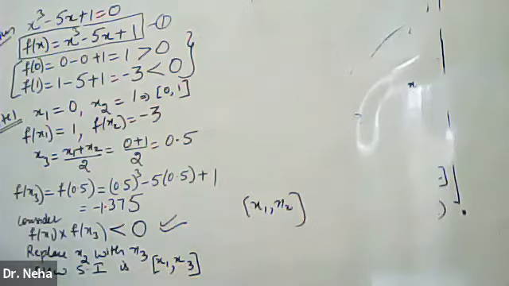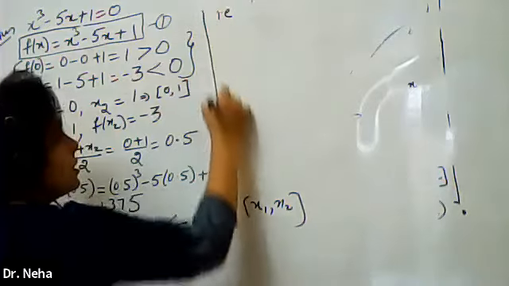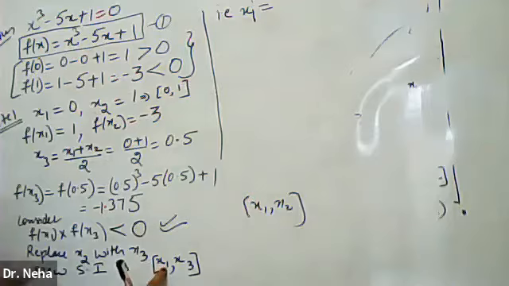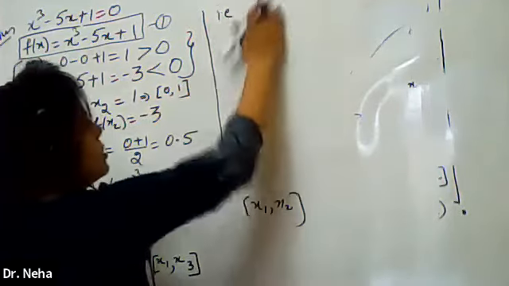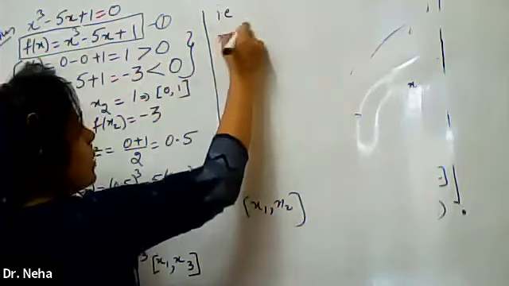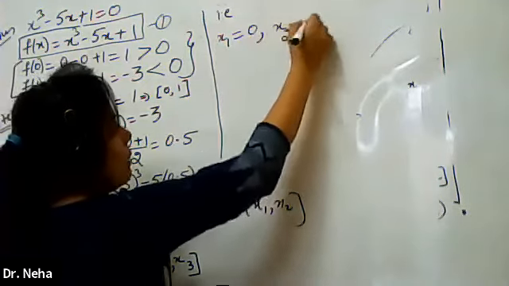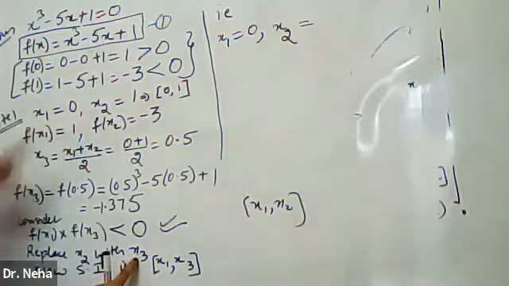So this is our new search interval. x1 remains the same. What was x1? 0. See, x1 was 0. That means x1 equal to 0 itself. But now what will be x2? x2 is replaced with x3. And what was x3?